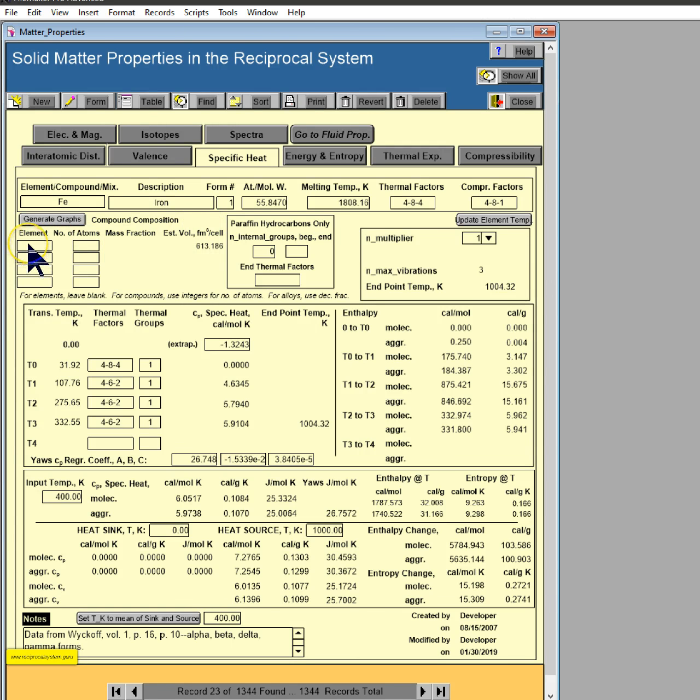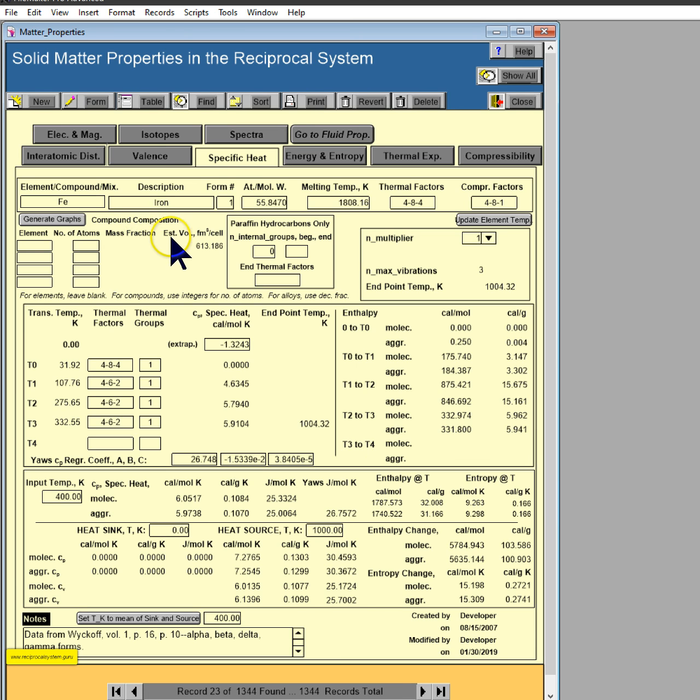Let's say for 400 degrees Kelvin, and by the way, there can be a difference between the molecular specific heat and that of the aggregate. So it's not negligible. It's important to know that. We have this in calories per mole per Kelvin, or calories per gram per Kelvin, or joules per mole per Kelvin.